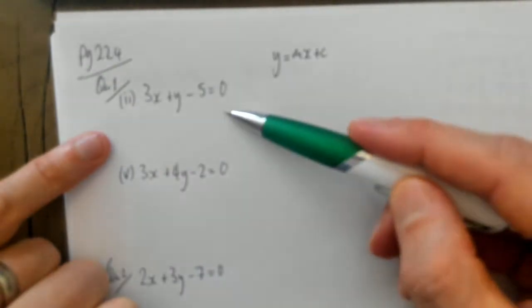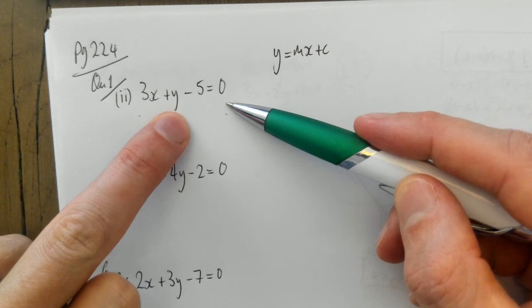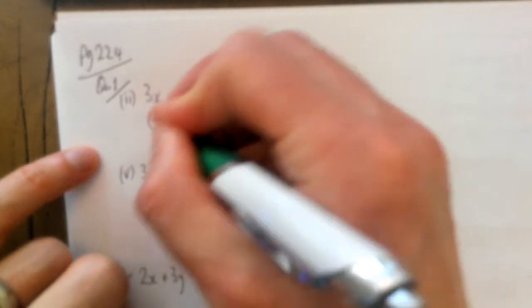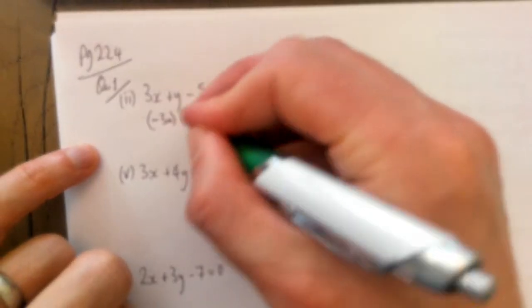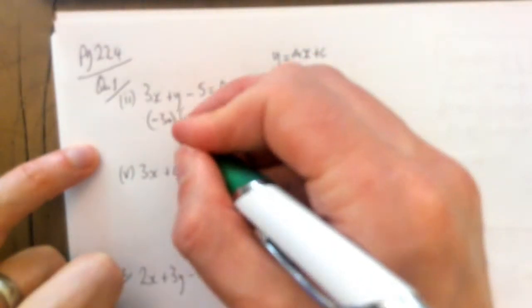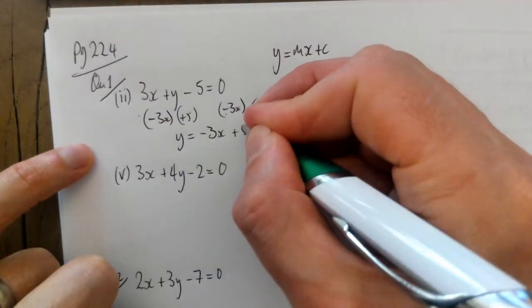Right, so I've got a positive y here. I want to make it look like this. So I'm going to take away 3x on both sides, and I'm going to add 5 to both sides because I want to get rid of this positive 5 as well. In one step then I've got y is equal to minus 3x plus 5.